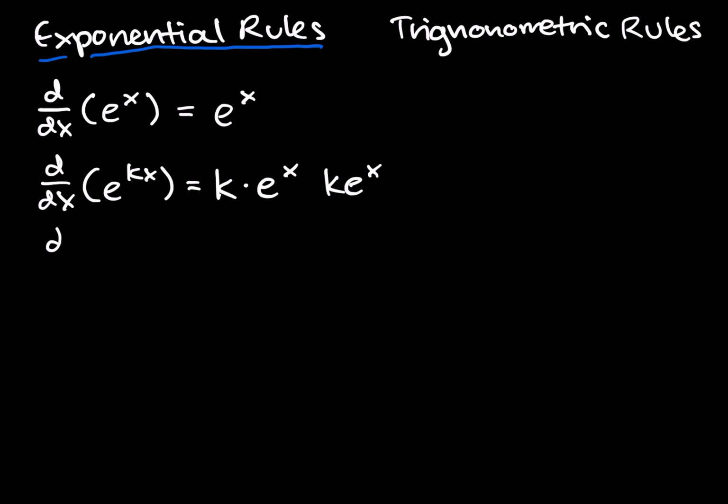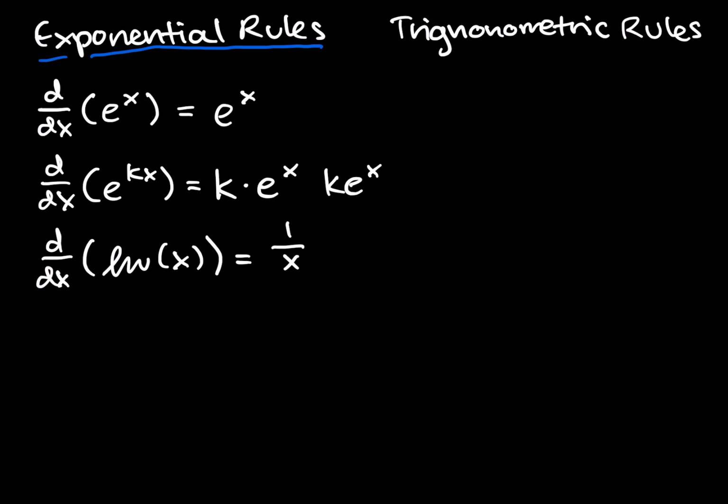Next, let's find the derivative of the natural log of x. This, maybe surprisingly, will actually equal 1 over x.